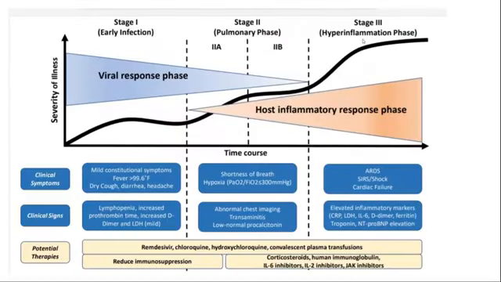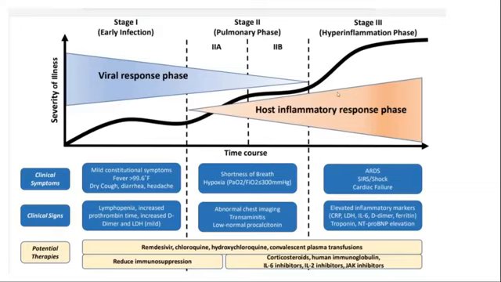So if you want to summarize how this virus attacks and causes symptoms, you can basically divide this into three phases. In early infection, the virus replicates inside a cell, so it's mainly driven by the virus itself. And in the second phase, there's a lot of cytokine storm, and that's because the immune cells get activated.